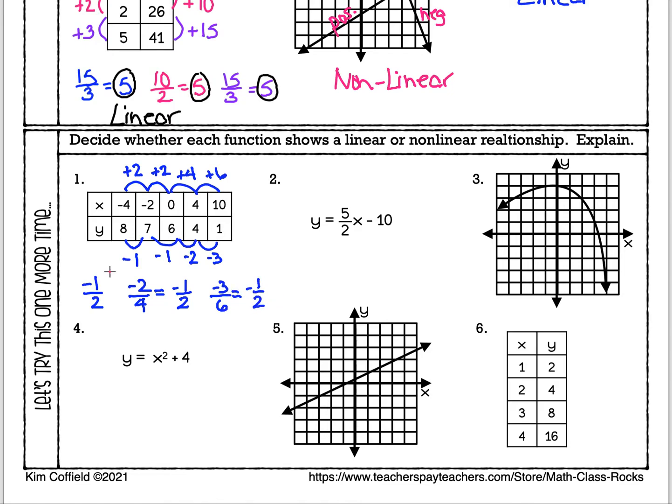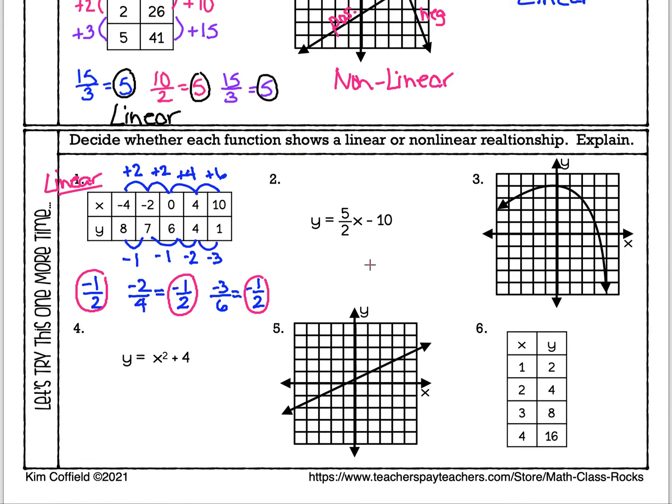So when I look at these rates of change, they're all the same, right? They are all -1/2. Even though the numbers in the table were a bit different at times, they all reduce to the same thing. So that means that this is actually linear because it's got the same rate of change. So I'm going to write a little note here that this one is linear.